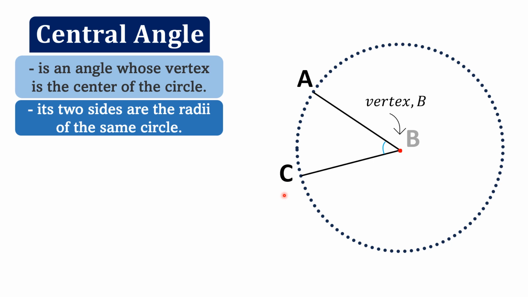How do we name a central angle? In this figure, the name of the central angle is angle ABC or angle CBA. In using three letters in naming an angle or a central angle, the vertex should be at the middle.